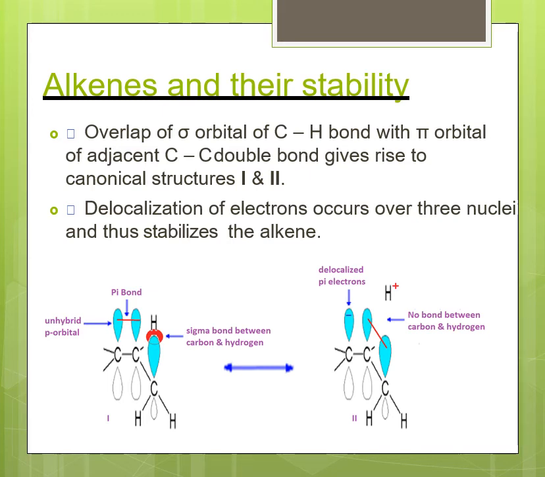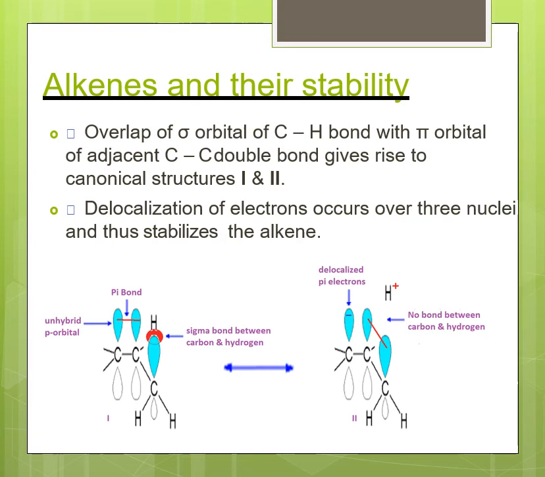The sigma bond next to a double bond always shows hyperconjugation. It will happen that the p orbital of this double bond will overlap with the sp3 orbital of this methyl group, so the hydrogen will become free, and we have a negative charge on this carbon. So we have delocalized pi electrons, and we have delocalized sigma electrons as well.